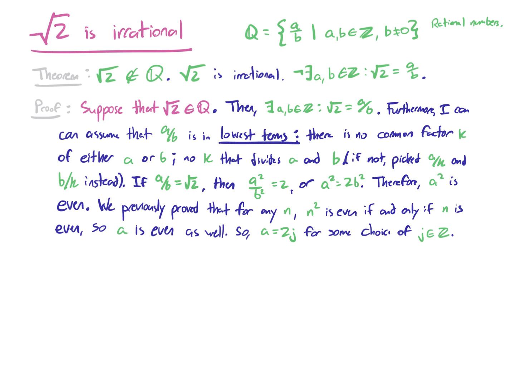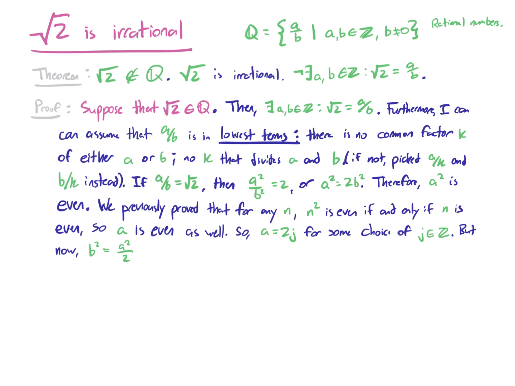Okay, but now I'm going to do some more calculating. Let's look at b squared. b squared is equal to a squared over 2. I got that just by taking this step and dividing by 2 on both sides.